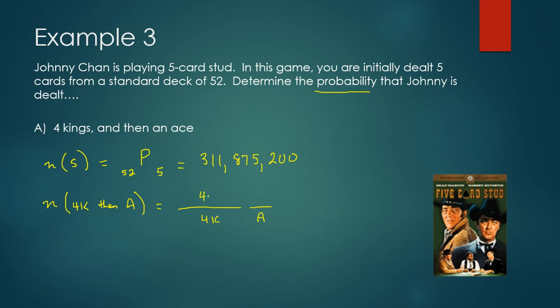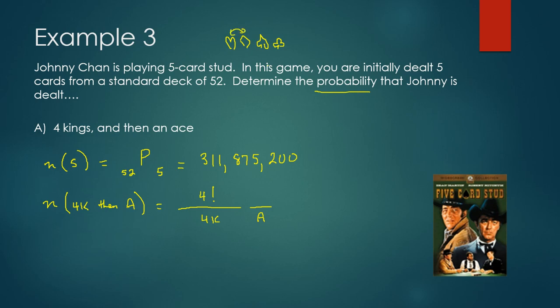That would be 4 factorial. There's 4 factorial ways for those 4 kings to come out. It could be hearts first, and then diamonds, and then the king of spades, and then the king of clubs, or it could be diamonds first, and hearts second.